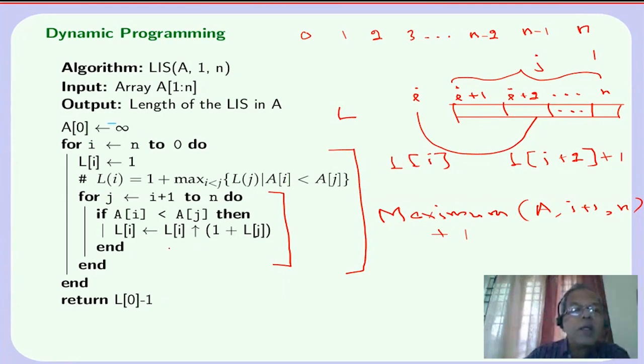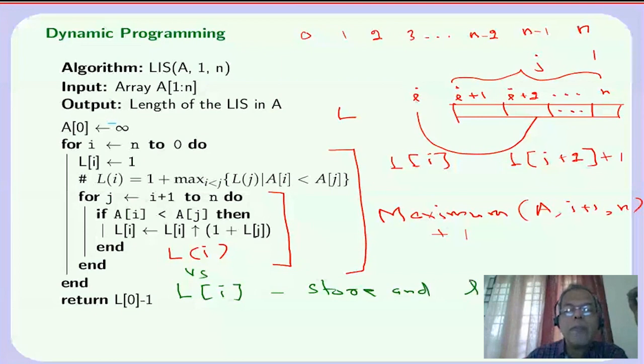Subsequently, to emphasize the difference, note that L at I is a store and lookup for the solution in a table, with bracket notation.